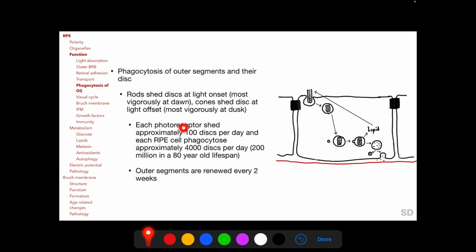Since each photoreceptor contains approximately 1000 discs and sheds approximately 100 discs per day, the outer segments of the photoreceptors are renewed every 2 weeks.